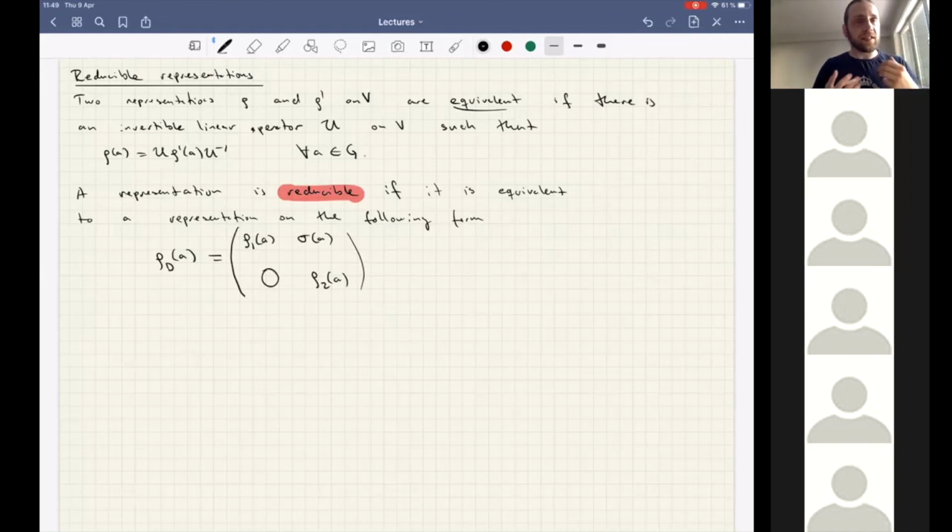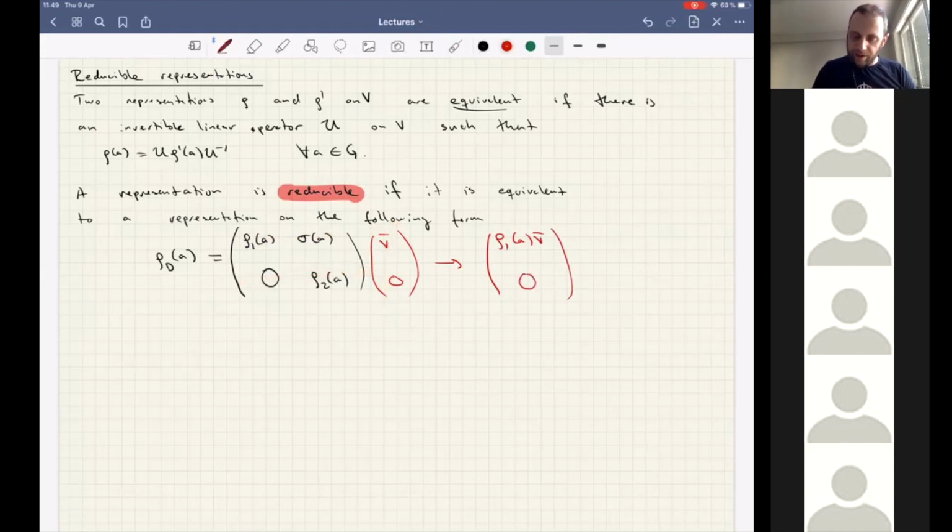So what this means is that if we have a vector that looks like this, v, 0, then this is going to map to a vector that is, if we first multiply here, we get rho 1 of A acting on V. And if we multiply here, we get 0, right?